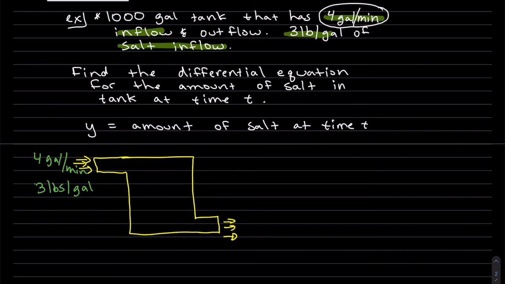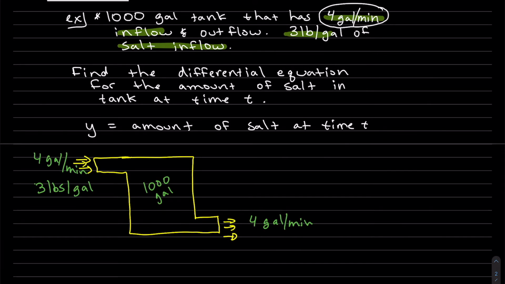Out is also 4 gallons per minute, and there's 1,000 gallons in there. We're not going to solve for y; we want to set up an equation and then solve for y, which we won't do today. We'll just set up the equation today.